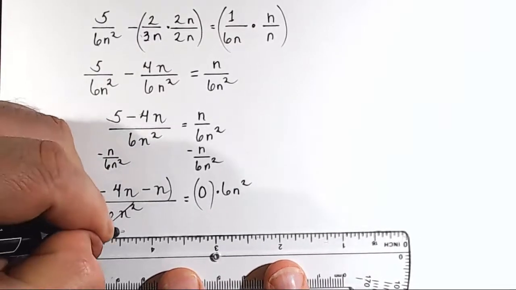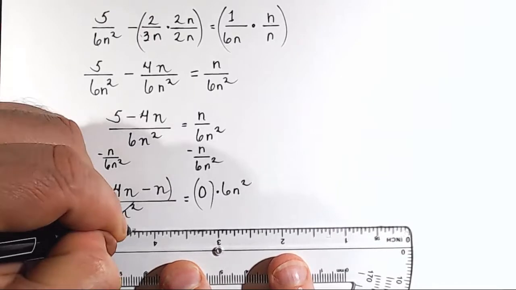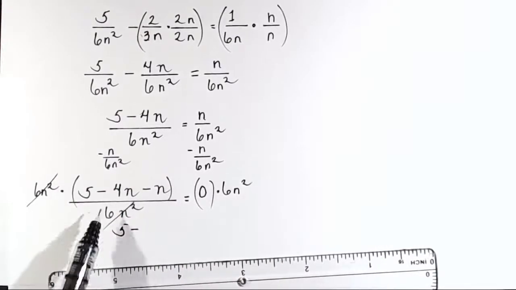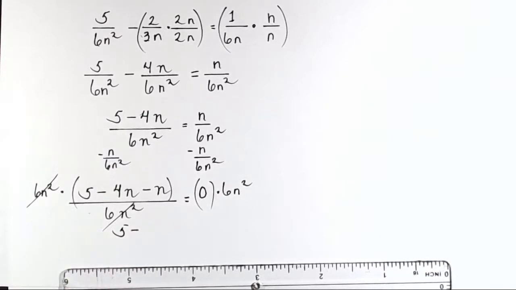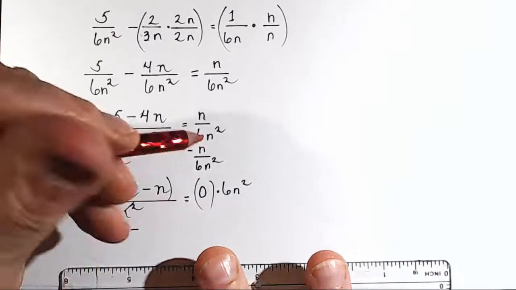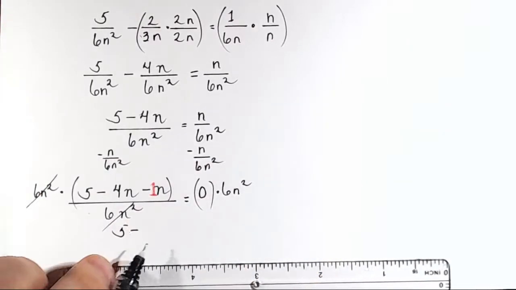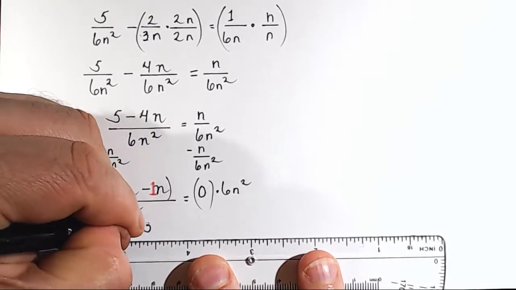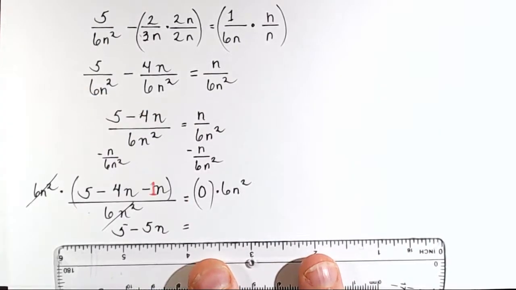So now all I have is 5 minus, and here we can do the subtraction. I've got negative 4n minus n. So it's going to become more negative. Remember, this is 1n. So that would be 5 minus 5n equals 0.